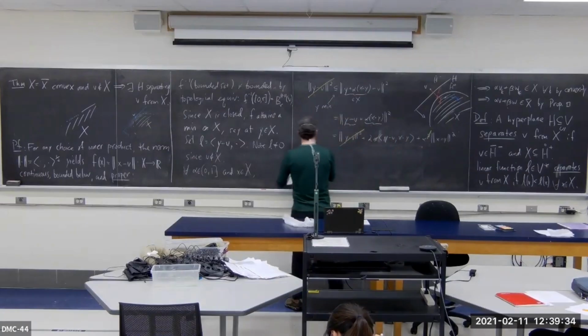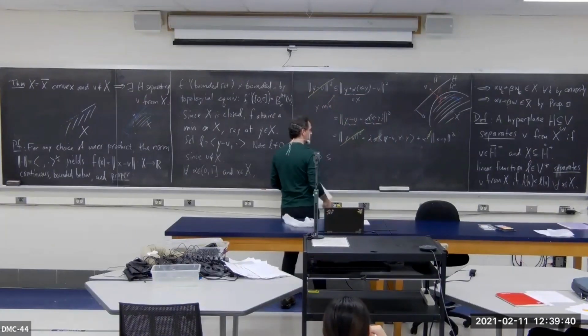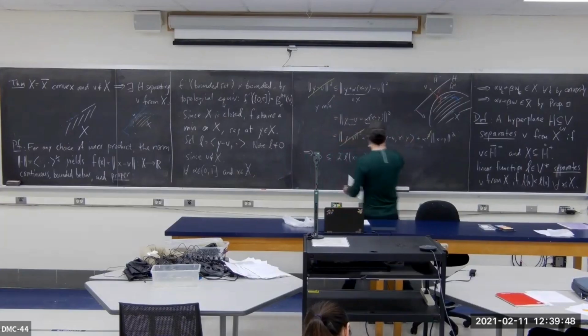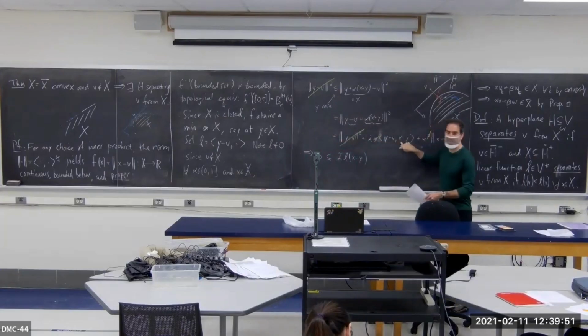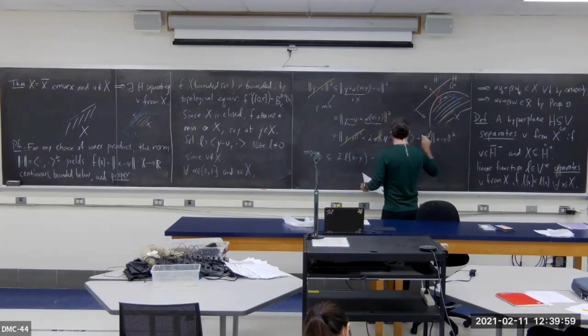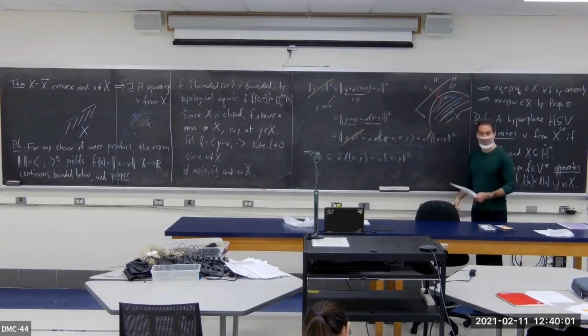So what this implies, so now I have my 0, I have my less than or equal to, and now I have whatever's written over here, which is going to be 2 L of x minus y, right? This thing is L of x minus y, just by definition of L. And it's going to be plus alpha times the norm of x minus y squared, right?